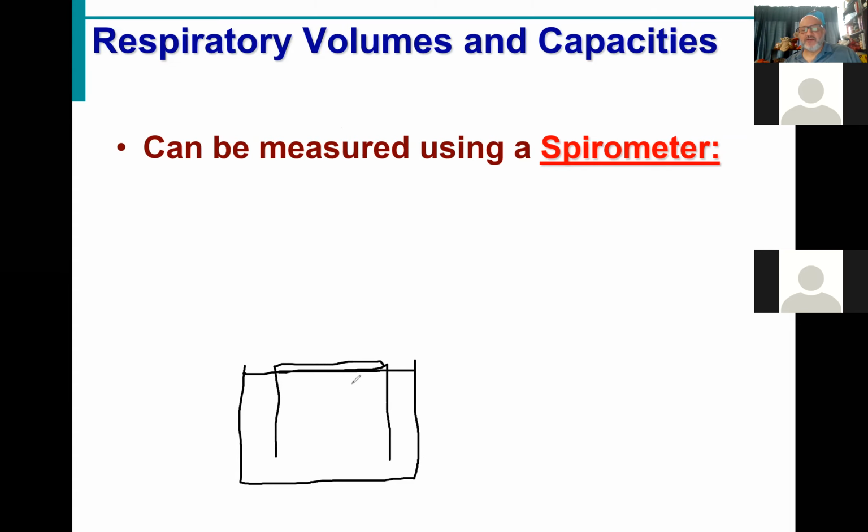That second bucket would have measurement marks on it. And then you would take a third technical piece of equipment, a garden hose, and you would put it into the first bucket and into the second bucket.